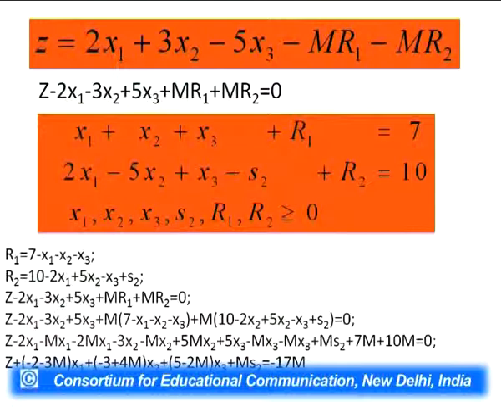We have done nothing but put the values of R1 and R2 in the equation which gives us the objective function. Now, we will simplify.